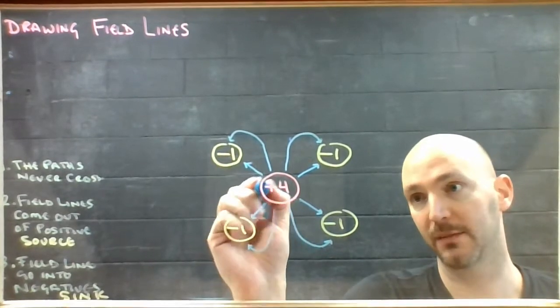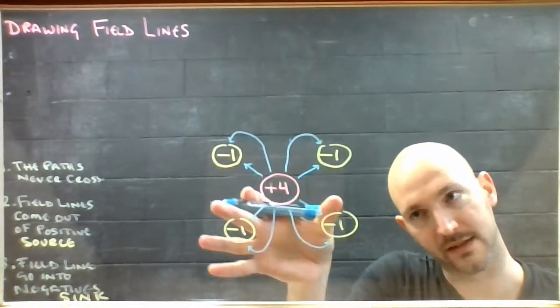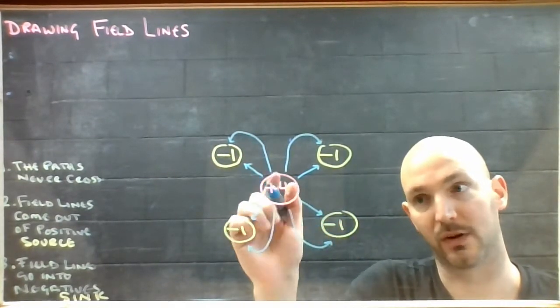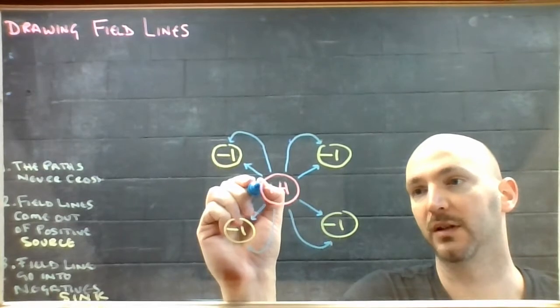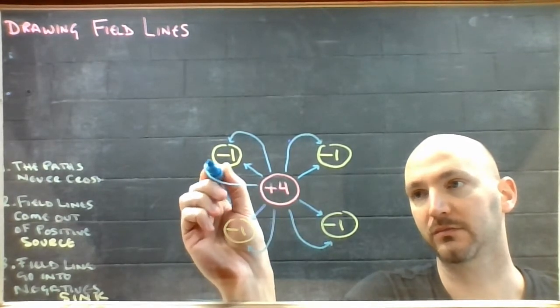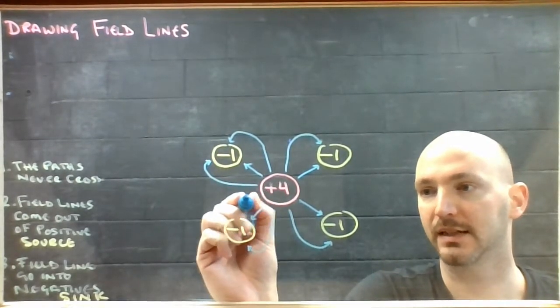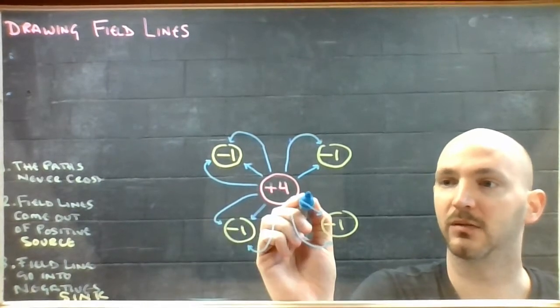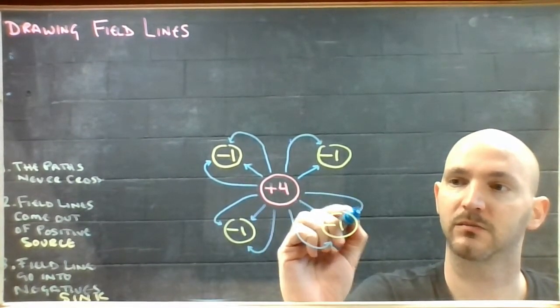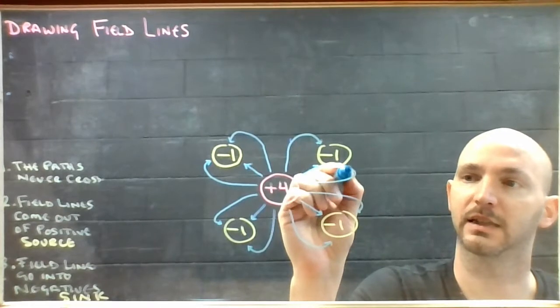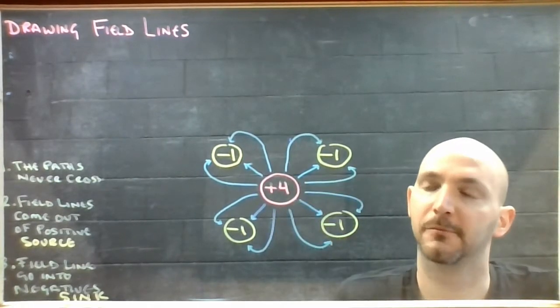And same thing, if I make this sort of symmetrical in all directions, there'd be one coming out like this, one coming out like this, one coming out like this, and like this. Alright.